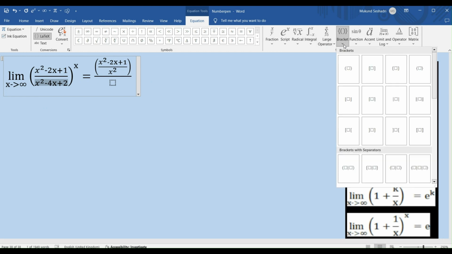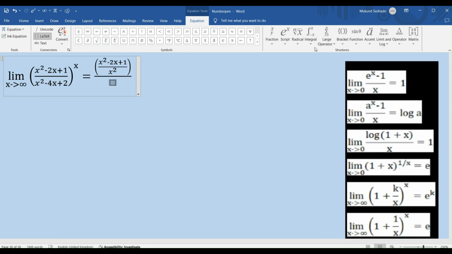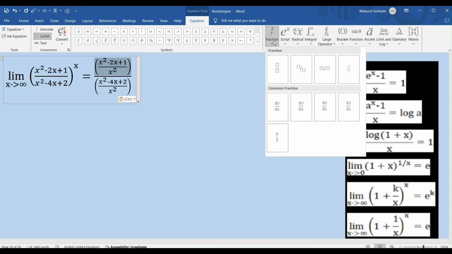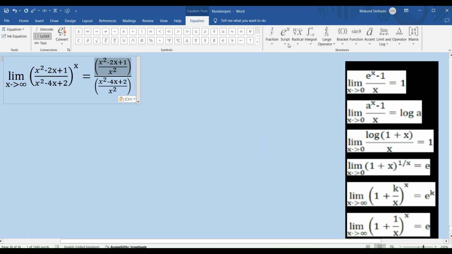So let's first bracket the denominator and then we will go about writing this expression. So we have x squared minus 4x plus 2 in the denominator, which is what we will bring in. And let's keep x squared as well here, and then let me raise it to the power x.